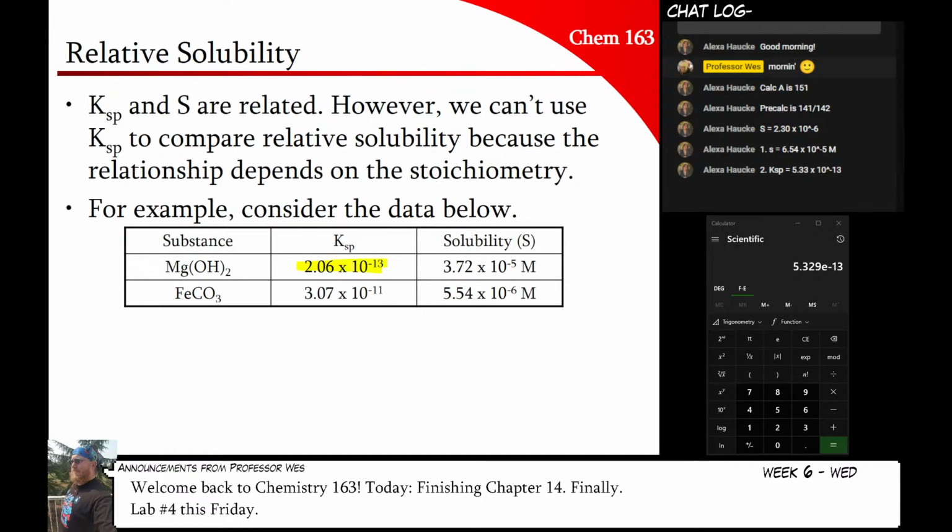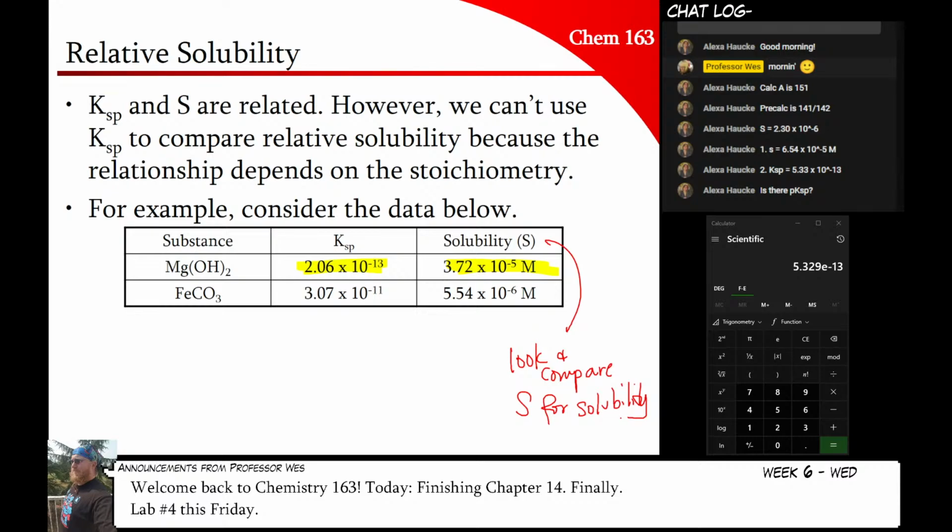So even though this is a smaller number, you don't want to look at KSP. You want to instead look at S. S tells you more or less soluble. So don't look at KSPs.